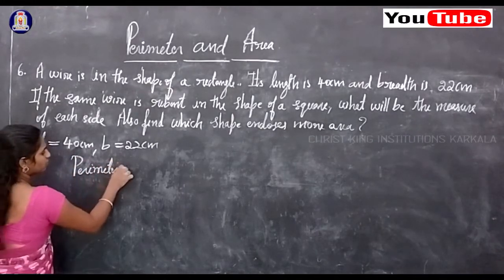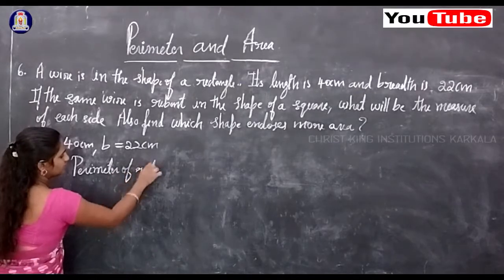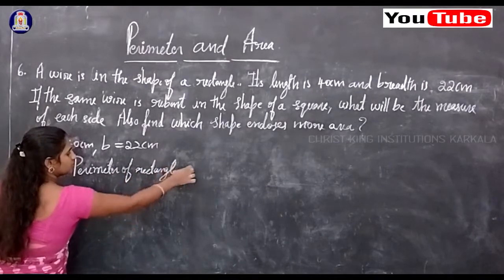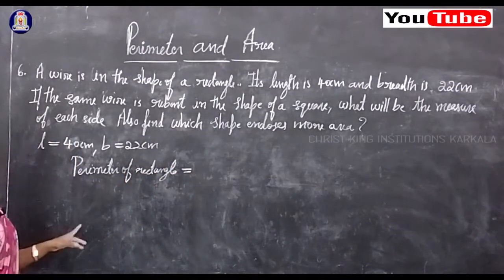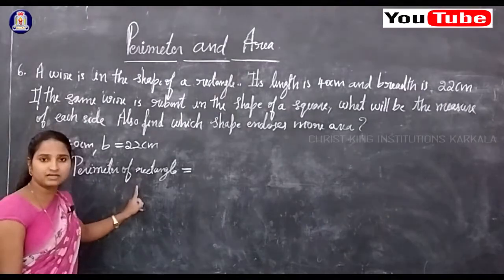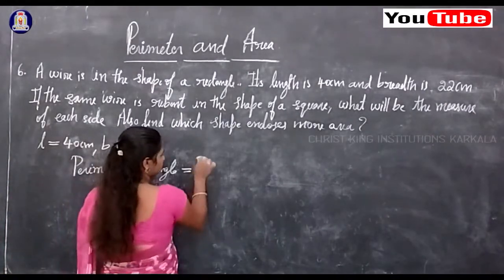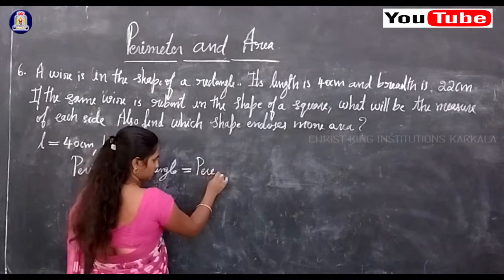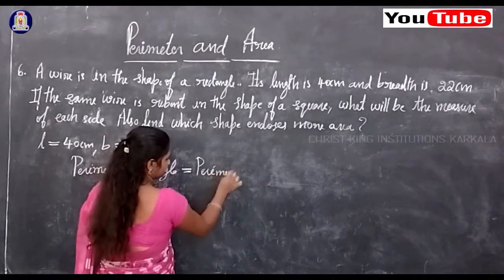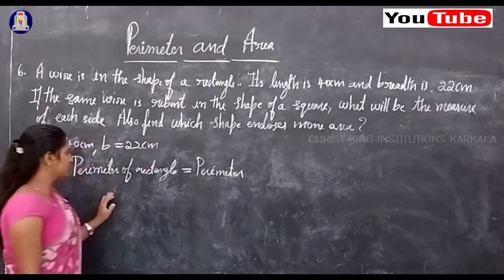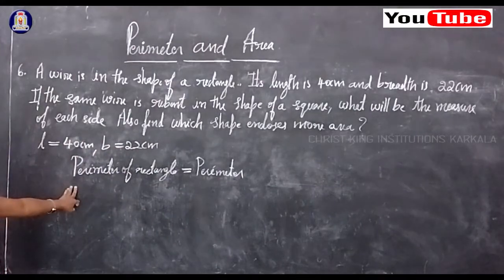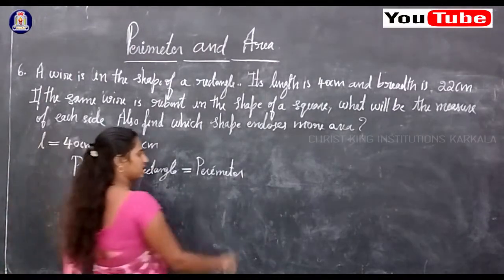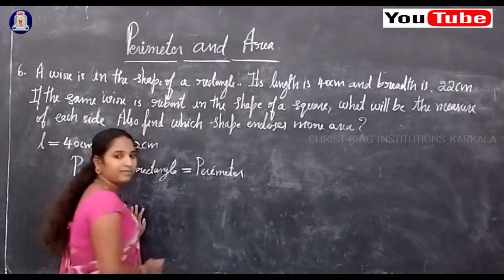So the perimeter of the rectangle is equal to the length of the wire. The same length of wire we are using to make a square also, isn't it? The same wire we made into a rectangle shape, now we have to make a square shape.